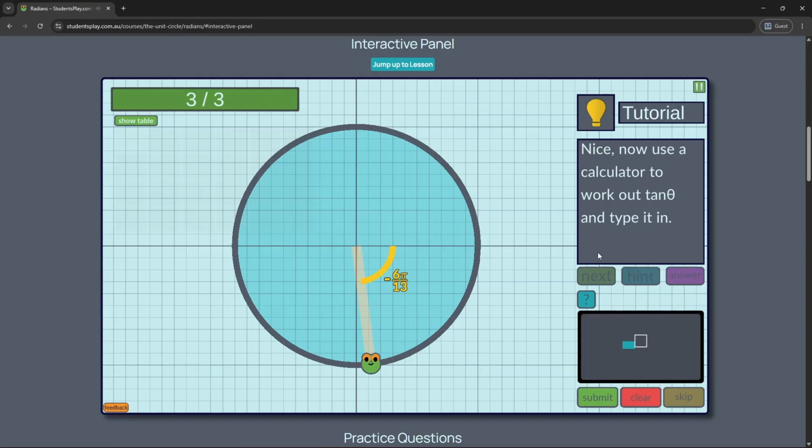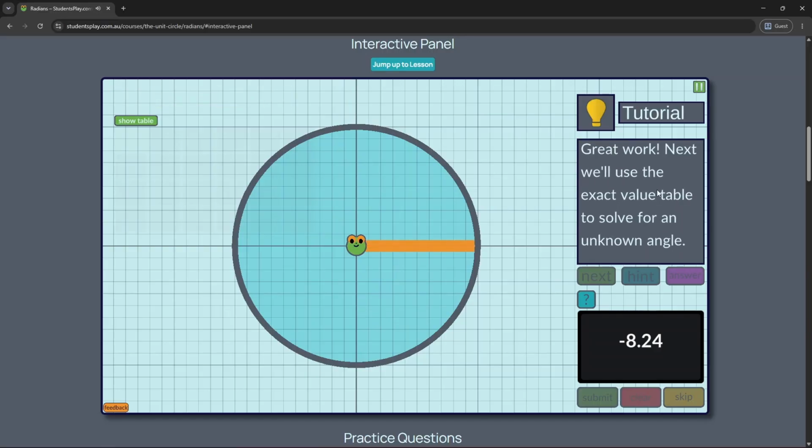Okay, so tan, and the angle is negative 6 pi on 13. Negative 8.24. Cool. And remember, tan theta is like the gradient, and it makes sense that it's going down quite sharply if you're going from left to right, which is what we have to do for gradients. Cool.